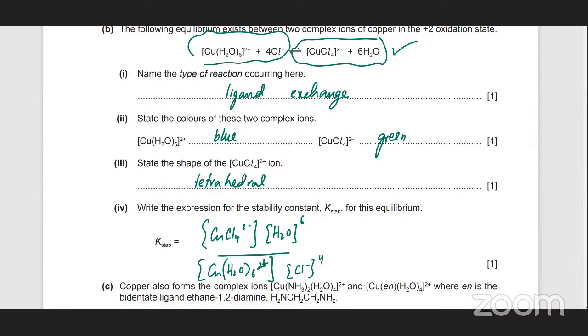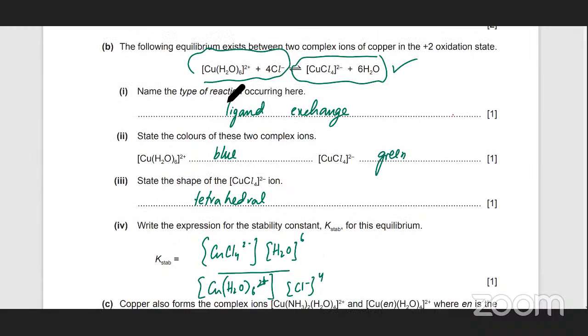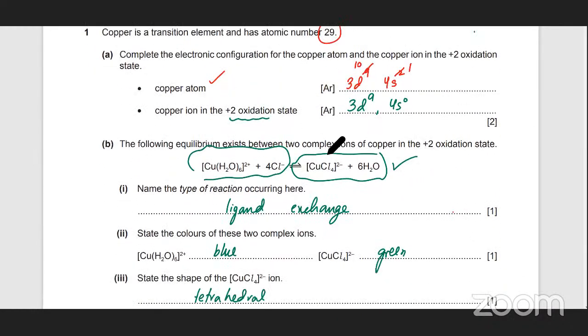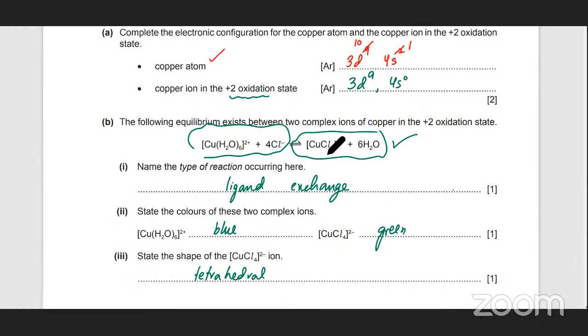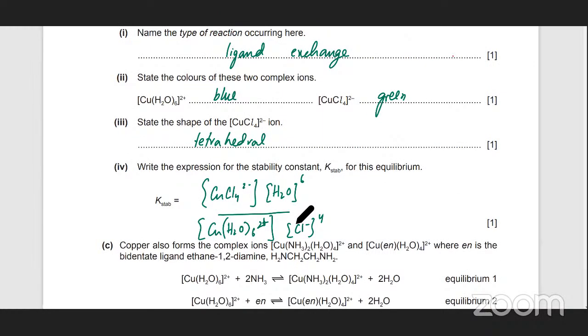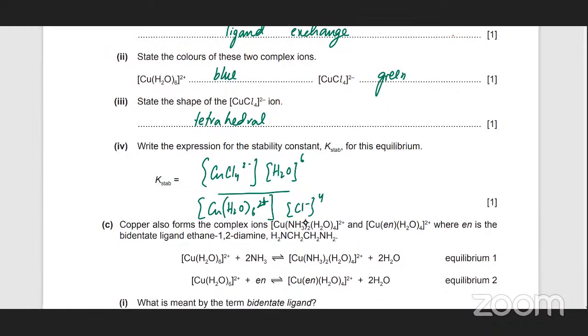Now remember this, when you have an aqueous, I'm assuming this is aqueous, copper 2 complex. Did they mention aqueous anywhere? Usually in aqueous state, water concentration is so high that it is not written.